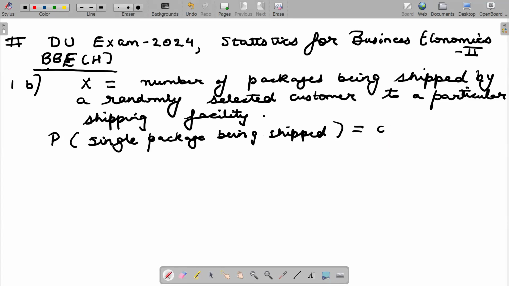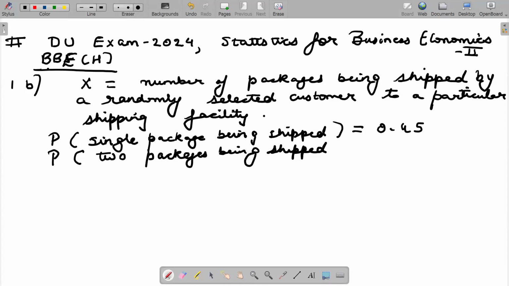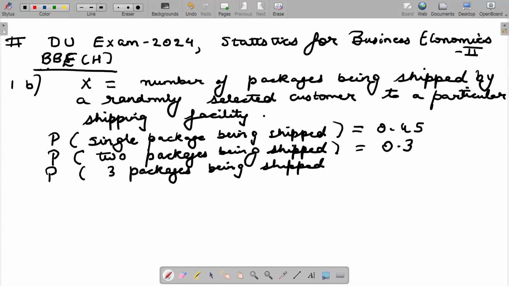Then the probability of two packages being shipped is given to us as 30%, which is 0.3, and the probability of three packages being shipped is given to us as 25%, which is 0.25.